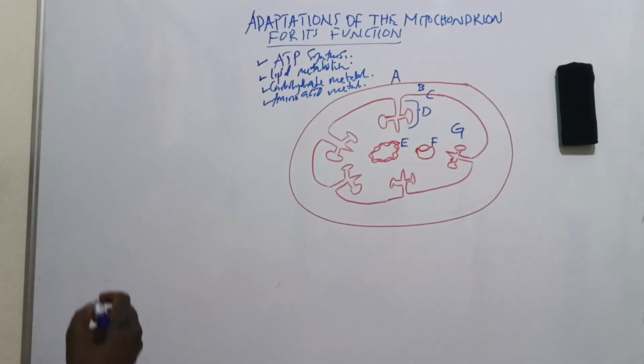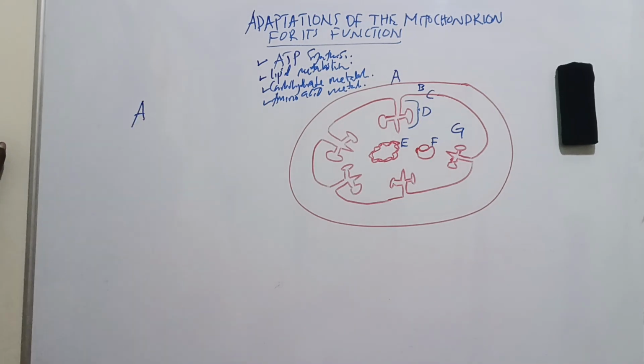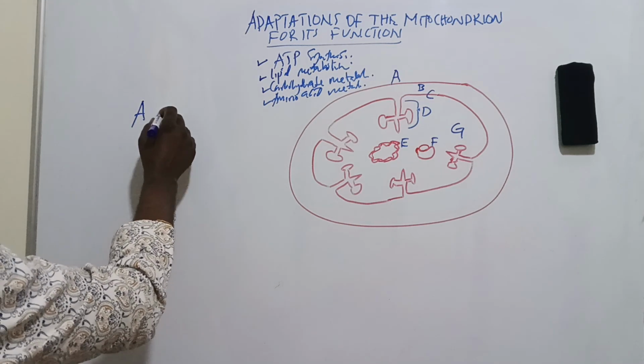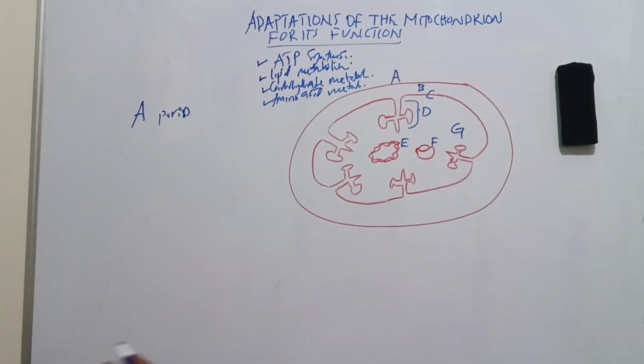Now, we first of all credit part A of the mitochondrion, which is the outer membrane, which we said has a protein called porin, making it porous. Porin makes it porous, so it allows passage of materials into and out of the mitochondrion. Which materials?